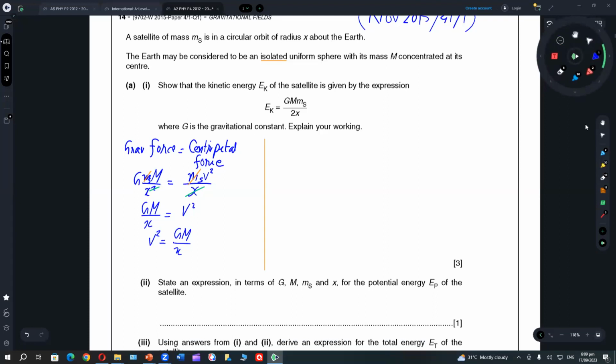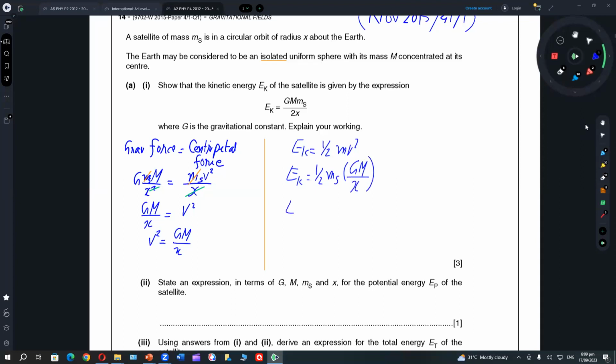This is the situation. I got the value for V square. Now we know that kinetic energy by definition is half mv square. Here the kinetic energy will be half ms, and in place of V I can write GM upon x.